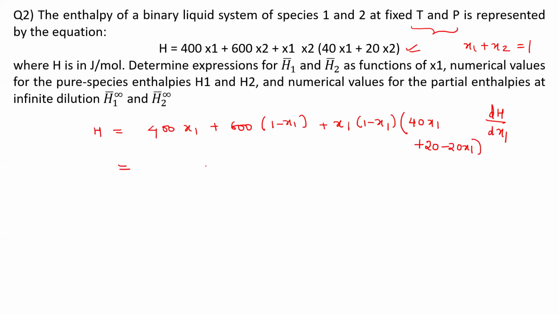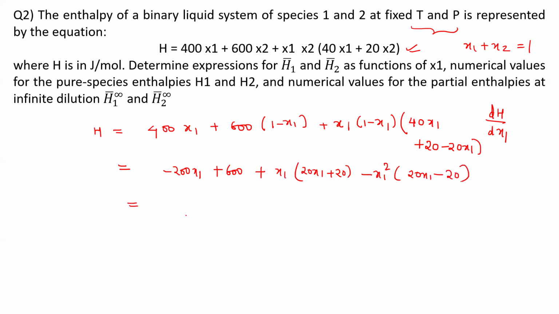This turns 400 minus 600, so minus 200 x1, plus 600, plus x1 into (40 minus 20) 20 x1 plus 20, minus x1 square into (20 x1 plus 20).